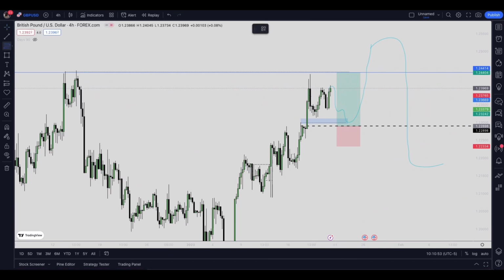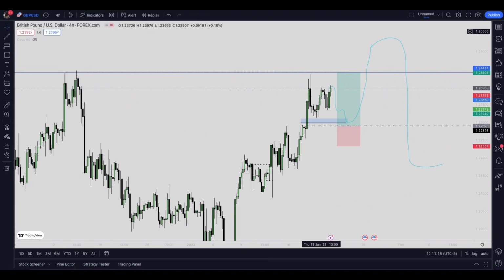The way I did this is that I looked at the 50%, which is here. So this fair value gap is at an equilibrium price point, which is also great. So my entry would be of course here at equilibrium.